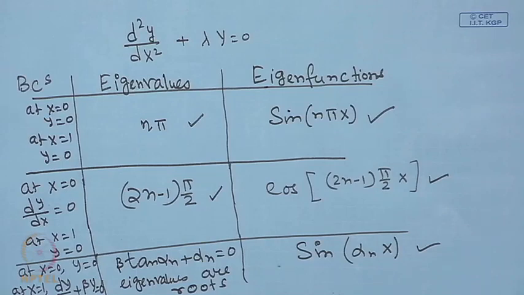So, we have seen that by selection of different boundary conditions we can land up with different eigenvalues and eigenfunctions. In most chemical engineering applications, these are the boundary conditions we are dealing with, and these are the eigenvalues; depending on the boundary conditions and situations one can land up with different eigenvalues and eigenfunctions. Okay.